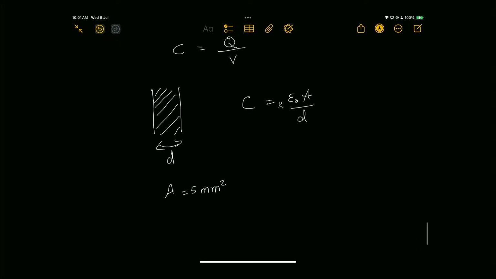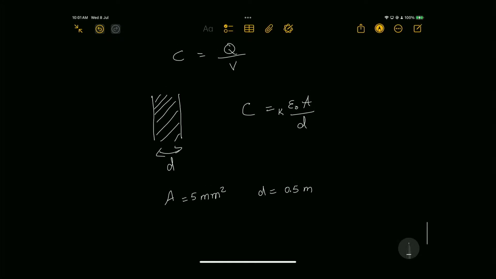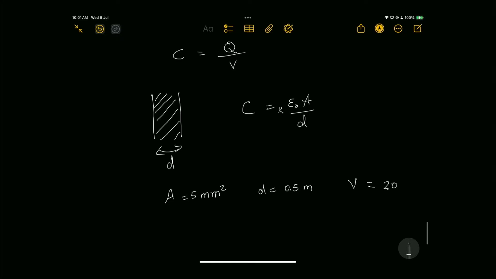It is separated by a distance of 0.5 millimeters, and we apply a potential difference across it of 20 volts, and we want to determine the charge stored by this capacitor. So determine the charge stored in the capacitor.